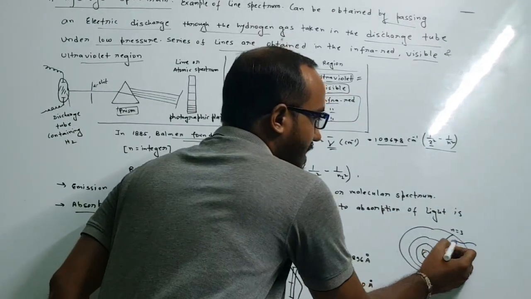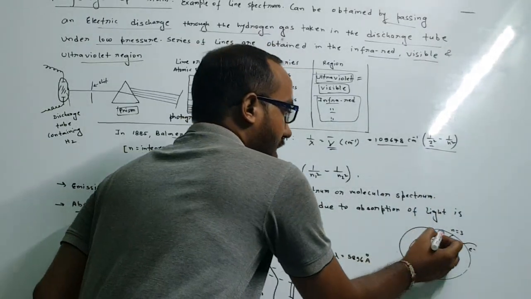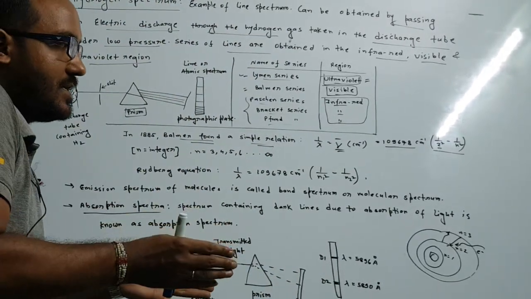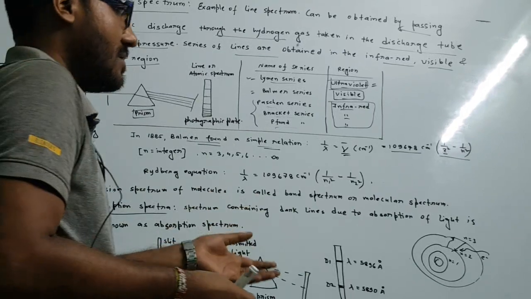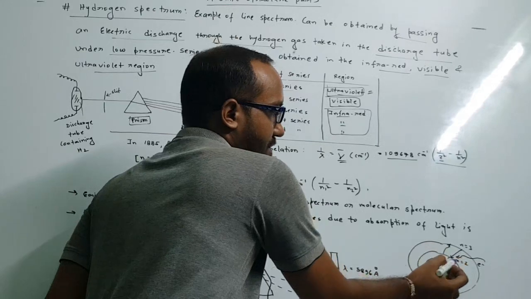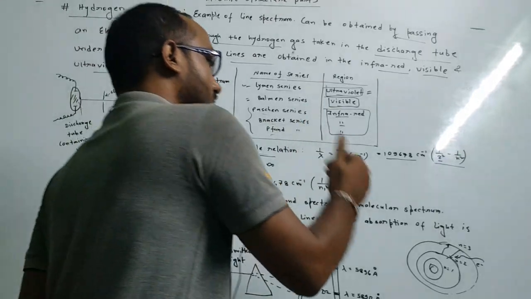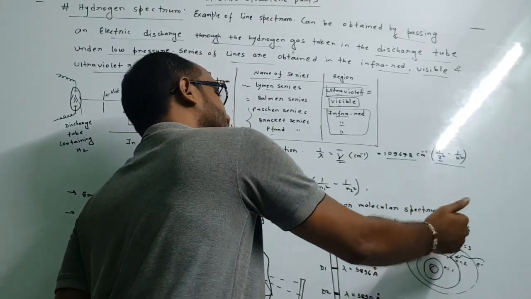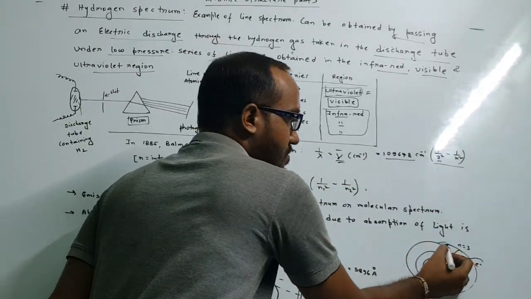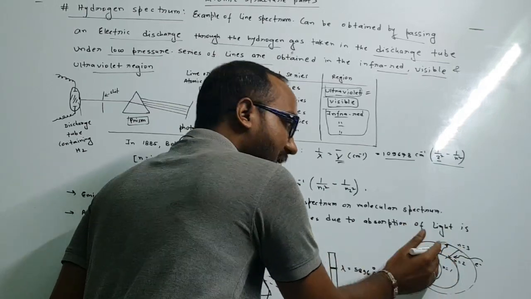We already know that if something has more energy, it will be less stable. Like a child, a child has more energy but is less stable. So the electron jumps from n equals 2 to n equals 3, and as we move forward the energy levels increase, so the electron will be destabilized. For stability, it will come back to its original position instantly.